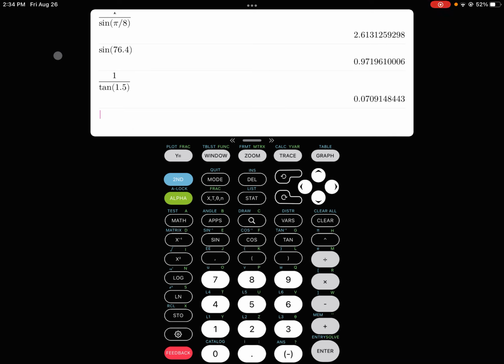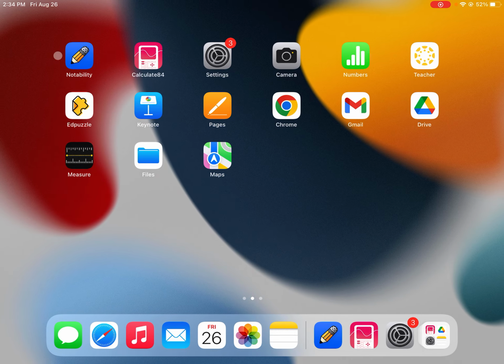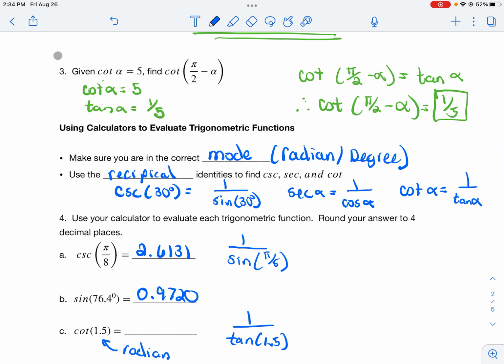Enter. And so I get 0.0709 is what that would be to 4 decimal places. So we have 0.0709. And so that's how you find the 6 trigonometric functions using your calculator.